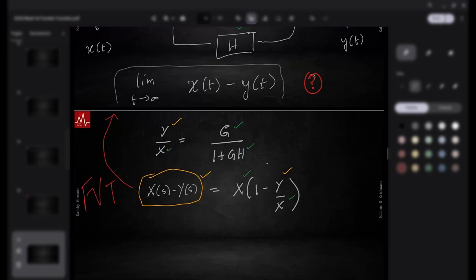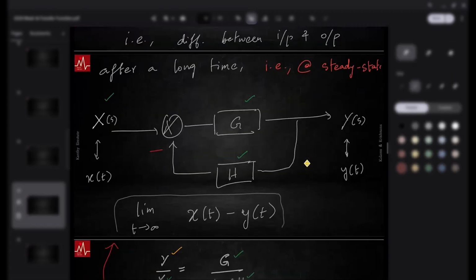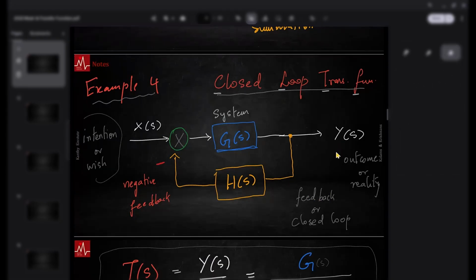So why are we even concerned about this? This is of course at the steady state, but notice X is what we intend or wish. Y is the outcome or reality. So the difference between them is the error. The difference between these two after a long time is the steady state error.